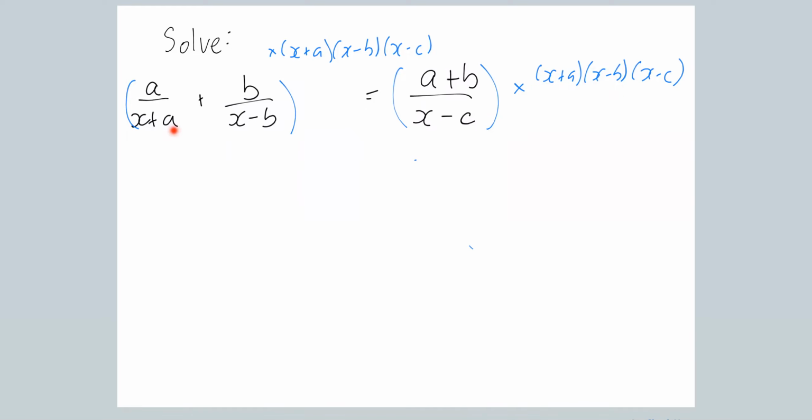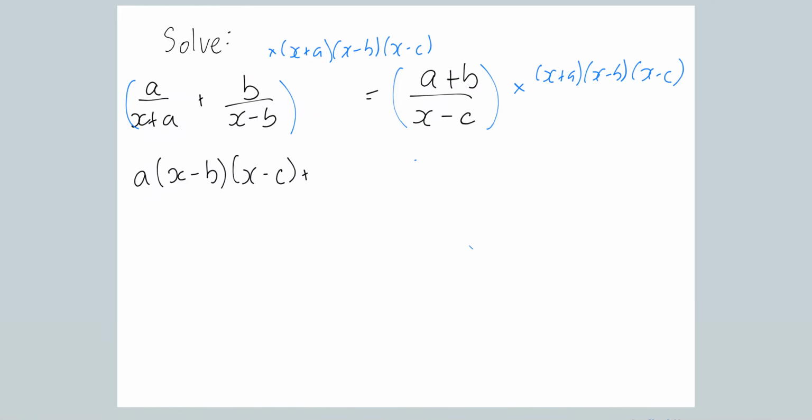So if I multiply this fraction by these three things, this x plus a would cancel out this x plus a, and I'd be left with these two factors. So I would have the top, a, multiplied by the two factors that are left over, x minus b, x minus c, plus, now for the second one, I will be cancelling out the x minus b, because I'm multiplying this fraction by this number.